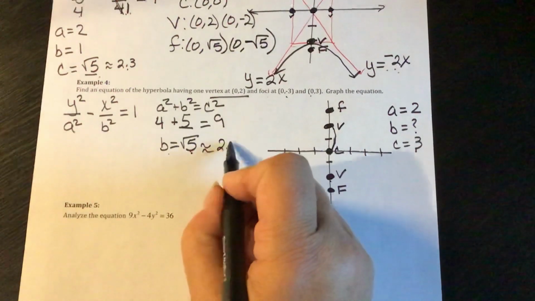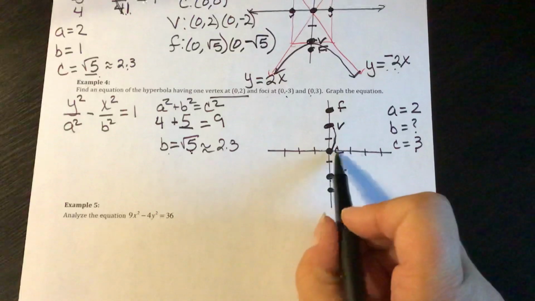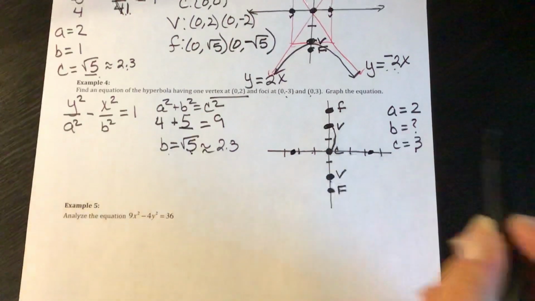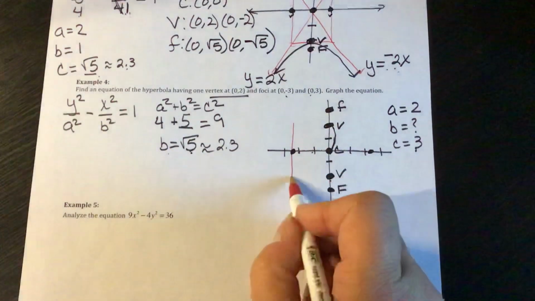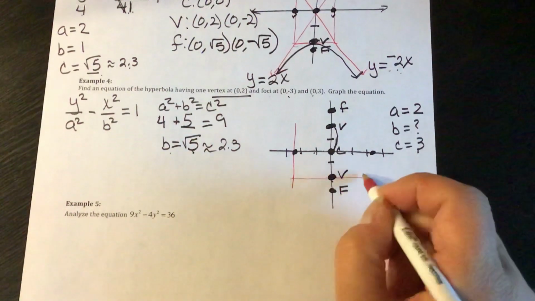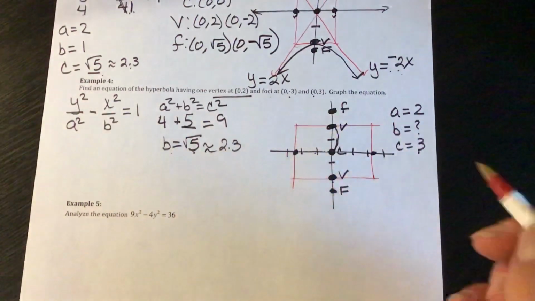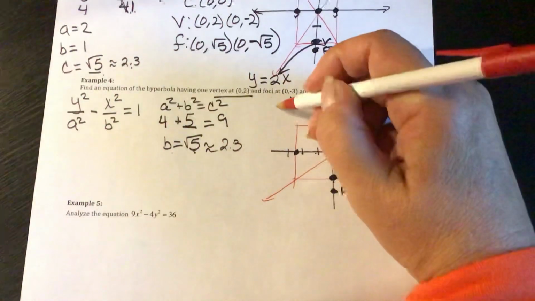So this is about 2.3. So over 1, 2.3, 1, 2.3. Now let's draw the box through the vertices. And the diagonals.